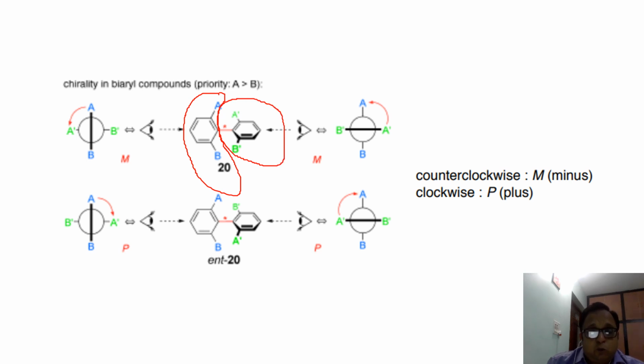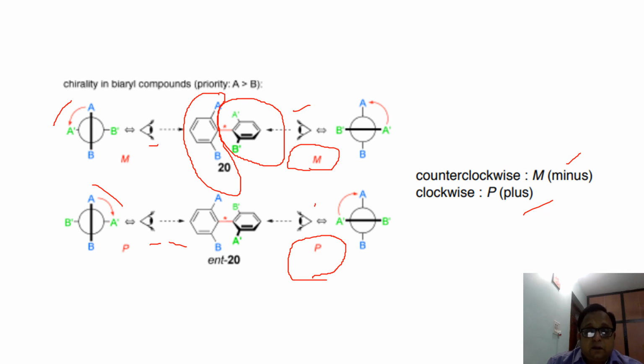A movement from A to A prime is counterclockwise, so the assignment is M. And in this case, the movement from A to A prime is clockwise, so it is assigned the configuration P. Please recall, here M stands for minus and P stands for plus. This is the position of the viewer. So from this example, it is very clear that we can assign the configuration for atropisomers.